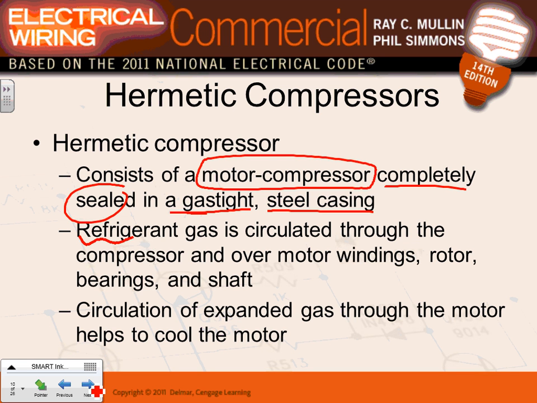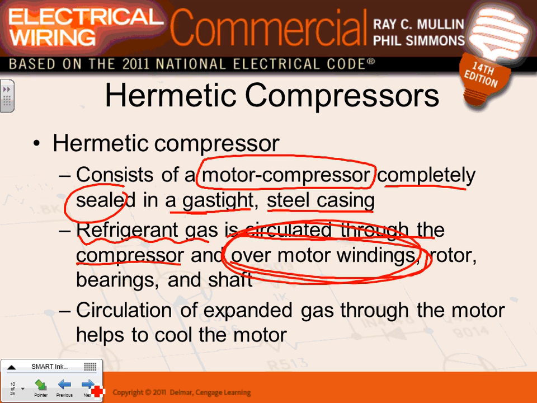They use the refrigerant gas, guys, circulated through the compressors and over the motor winding. That's why it's a special type of motor, and the NEC code book assigned Article 440 for it, because they use the gas refrigerant as it comes and circulates over the coils. Now, enemy number one of motors is what? Heat.